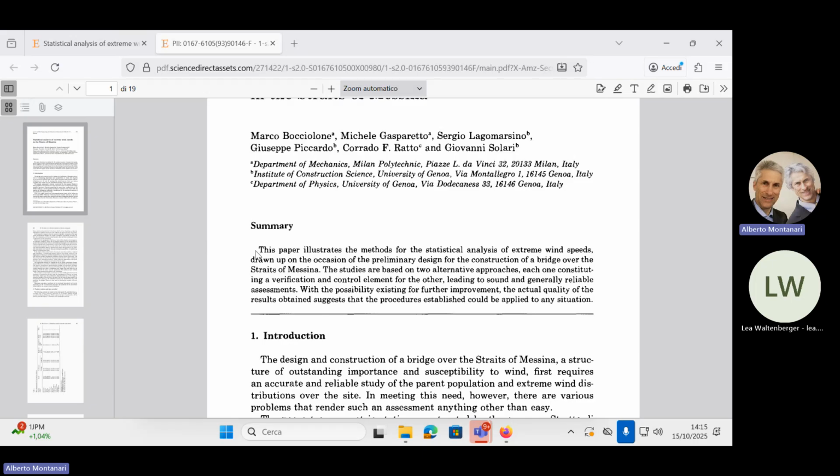Sometimes you see that the abstract doesn't say all of this, and here it is indeed reported: the studies are based on two alternative approaches, each one constituting a verification and control element for the other, leading to sound and generally reliable assessments. The final sentence says, we believe that this method can be applied also to other locations.